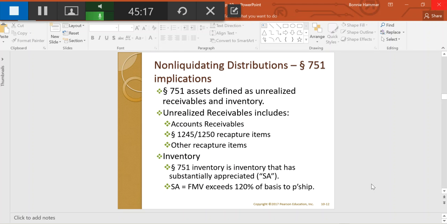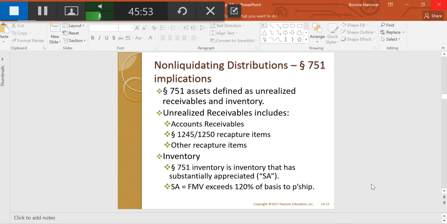But first of all, we need to understand what the definition of a Section 751 asset is. Section 751 assets are defined as unrealized receivables and inventory, okay? And further, the definition of an unrealized receivable includes AR, accounts receivable, also Section 1245 or 1250 recapture items, and also other kinds of recapture items. It discusses this in the book in more detail, so read the text about this.